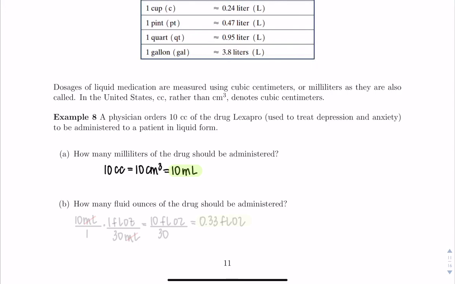How many fluid ounces of the drug should be administered? So we have a conversion between milliliters and fluid ounces. So 10 milliliters, and there is about 30 milliliters for 1 fluid ounce. So our fluid ounce goes on top and our 30 milliliters goes on the bottom.